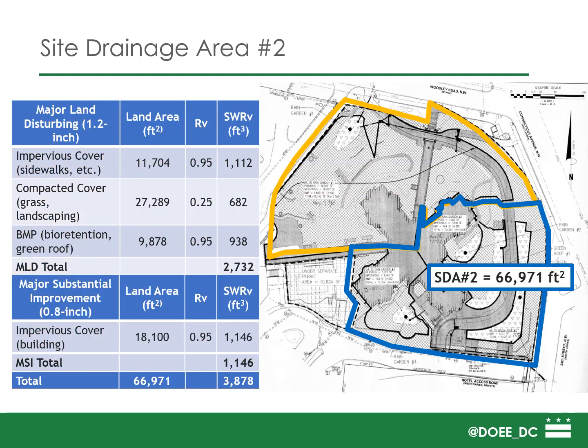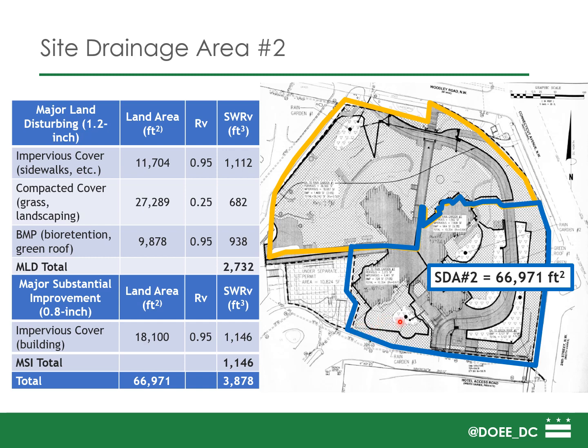We can then look at site drainage area 2, which is here in blue, and do the same. Look at the cover types for the major land disturbing activity and the cover type, which is the impervious cover only, for the major substantial improvement. So the part of the building here that is in site drainage area 2, and then all of this land disturbing area that's outside of it, including the BMPs.